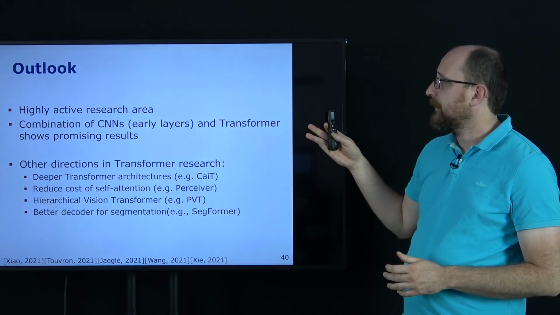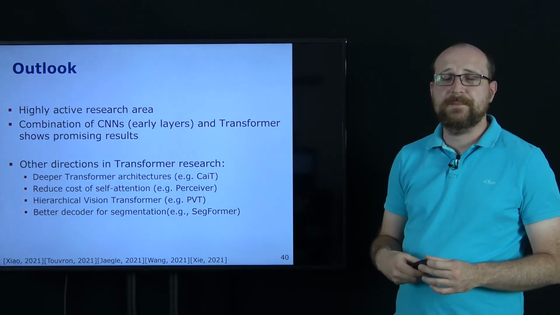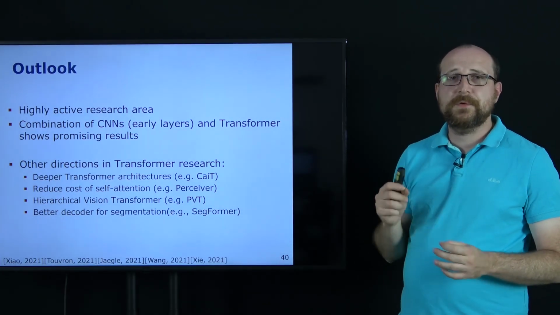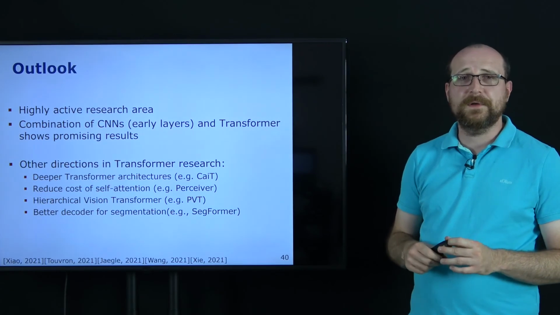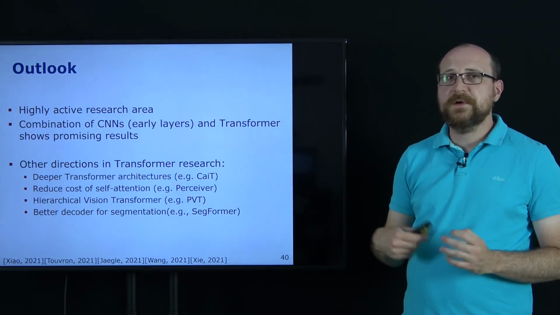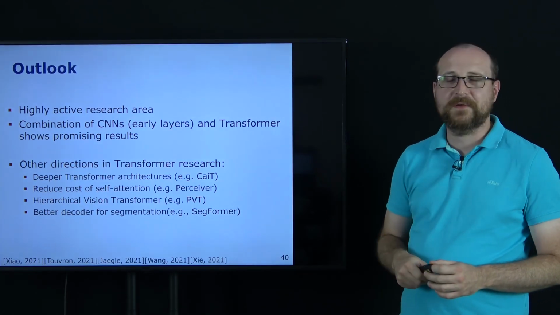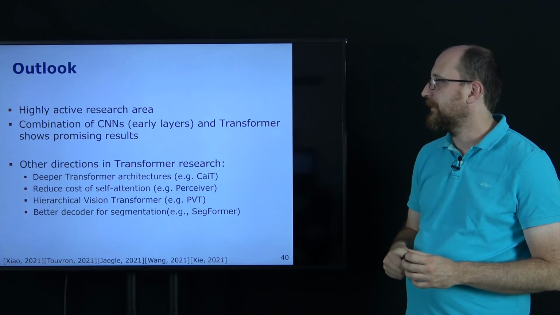That is maybe the next thing that happens: using at certain locations a little bit of the insights that we already got for CNNs to make the transformer architectures better in the end.